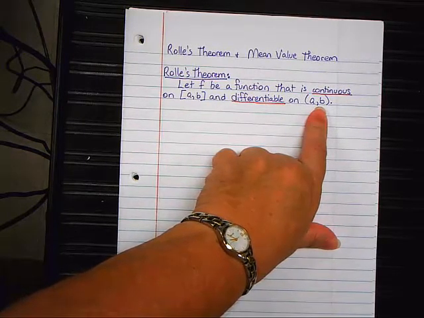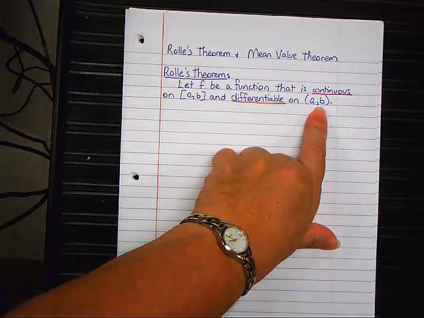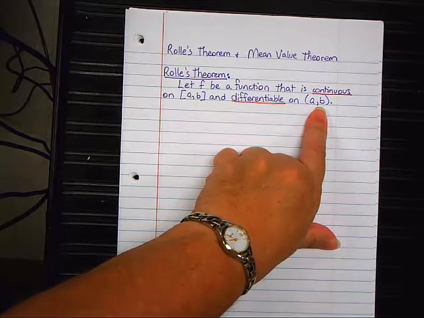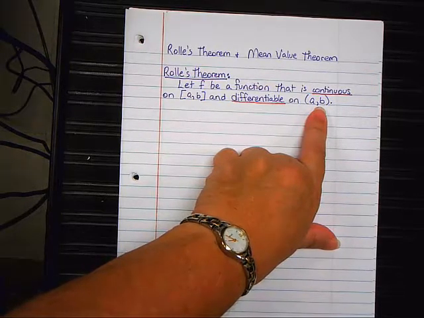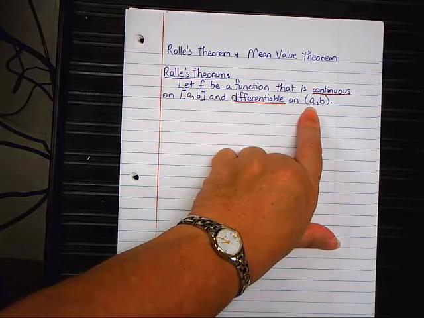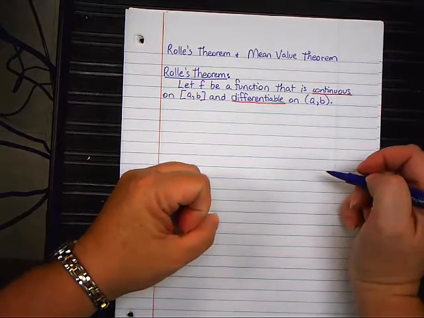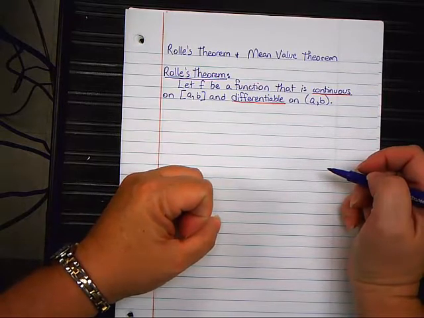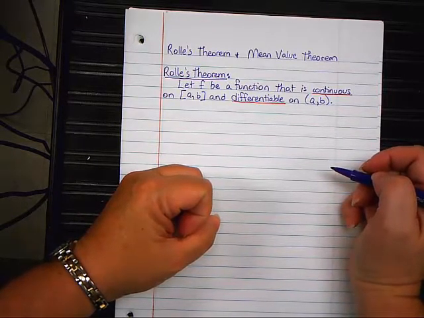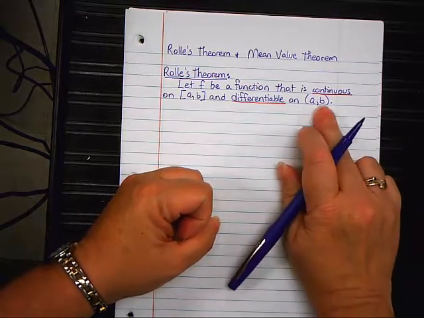What kinds of graphs don't have derivatives? Graphs that have cusps or corners or asymptotes or vertical tangents or things like that. So why do they say open interval? Because if you have a graph with endpoints, do you really know what the slope of the tangent line would be at the endpoint? No. That's why we don't include the endpoints for the differentiable.